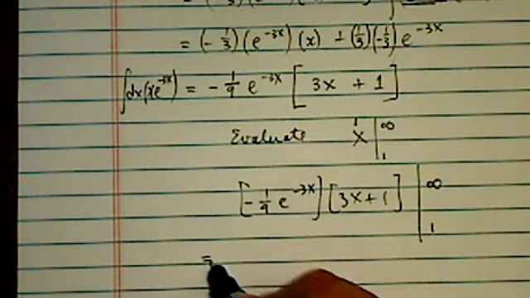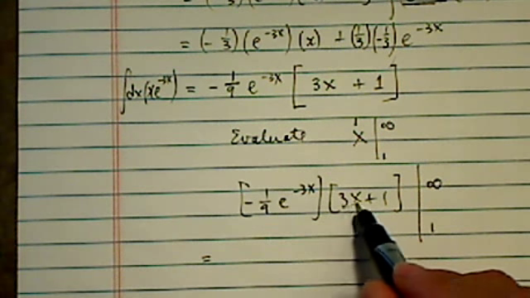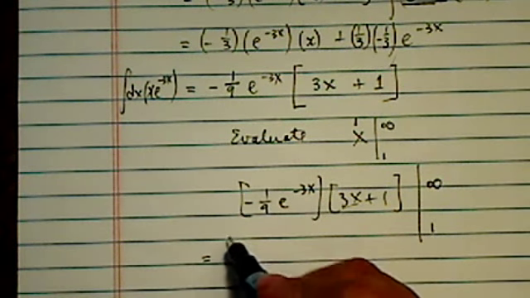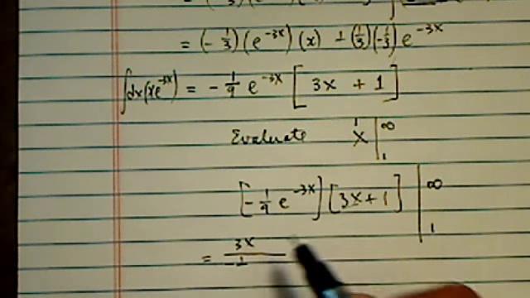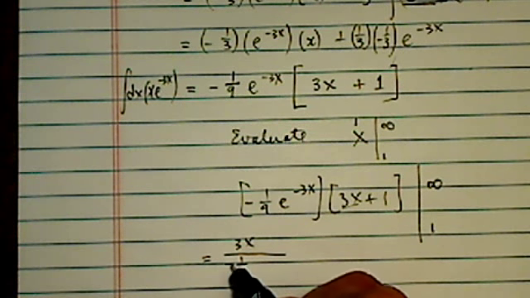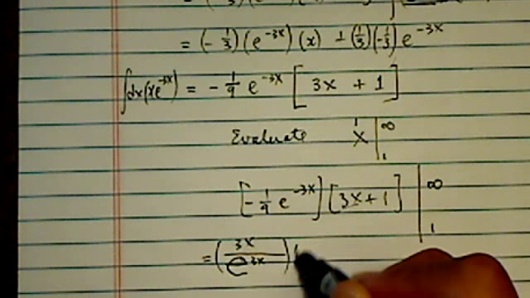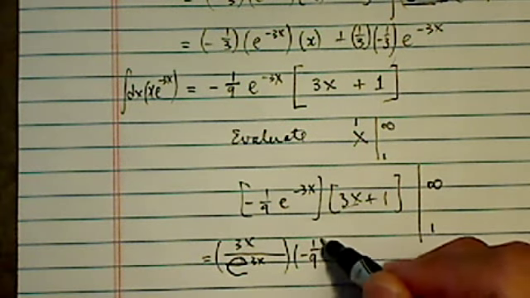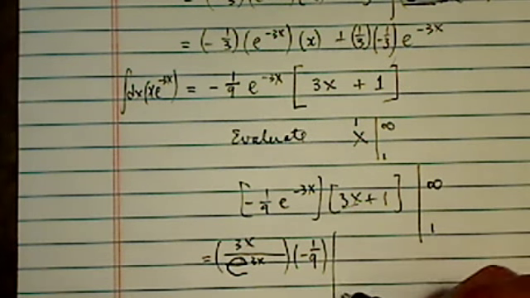Okay, so for the first term at infinity, this chunk goes to 0, but since we have a 3x here, technically we should make sure. Actually, this is just e to the 3x here, times 1/9, evaluated as x goes to infinity.